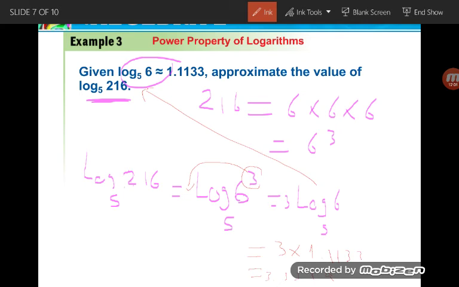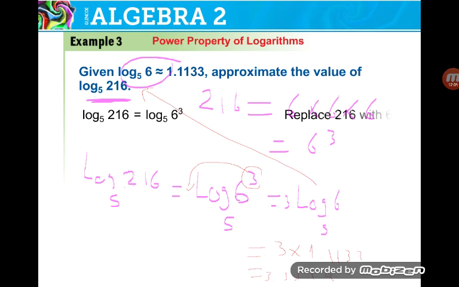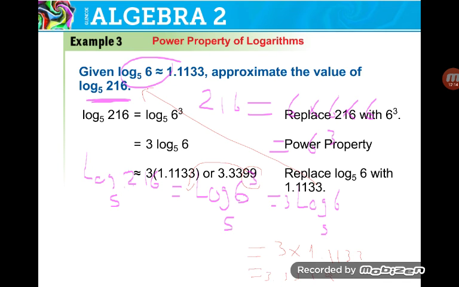You can see also the solution for this question in the presentation that we are studying now. Finally, it will be equal to 3.3399. Okay, let's see a different question.